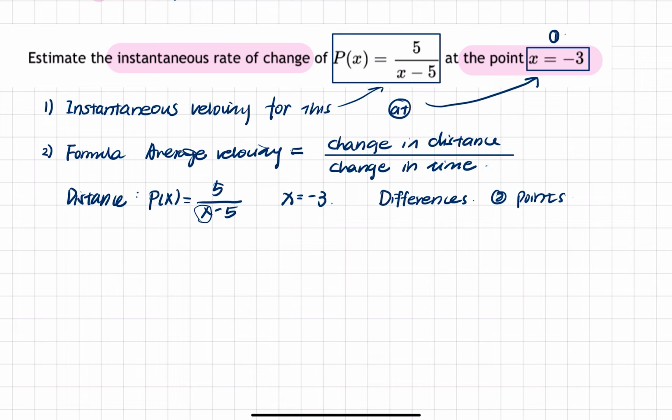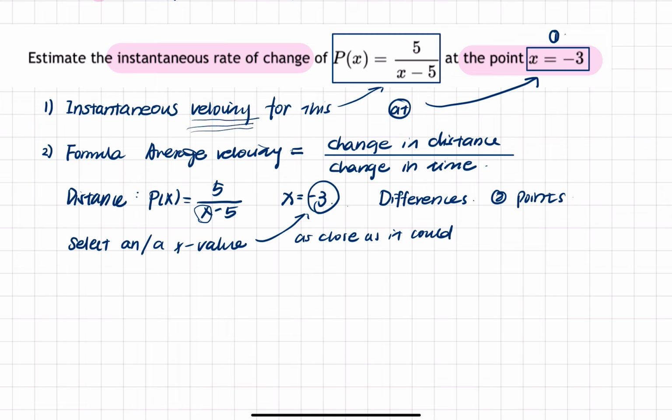So the first thing we need to do is select an x value that is as close as it could be towards negative 3, because we would like our value or instantaneous velocity to be as accurate as possible.